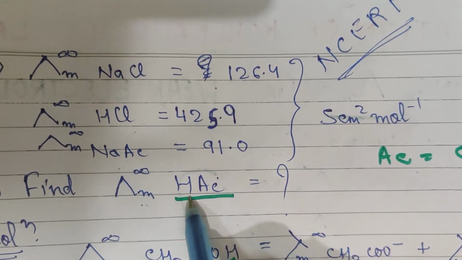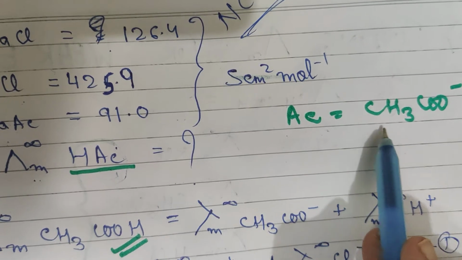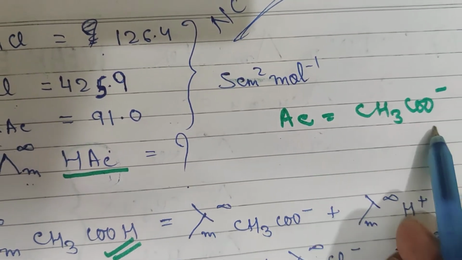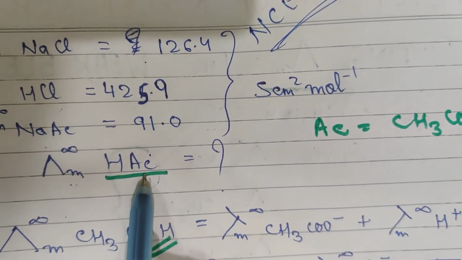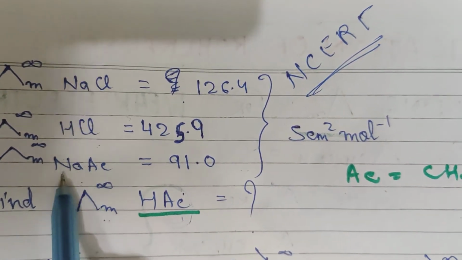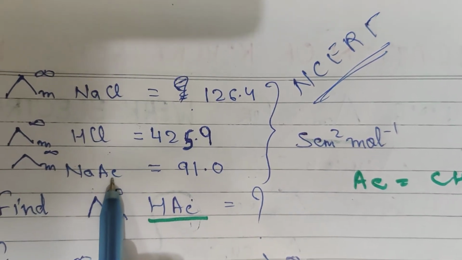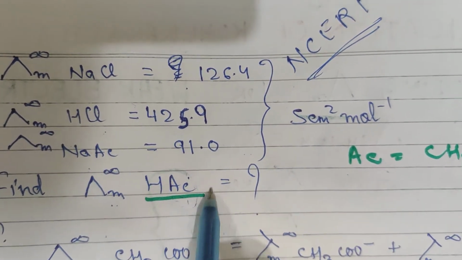Don't get confused with this term Ac. Ac is the short form or the abbreviated form used for acetate ion. So here it is CH3COOH and here it is CH3COONa.